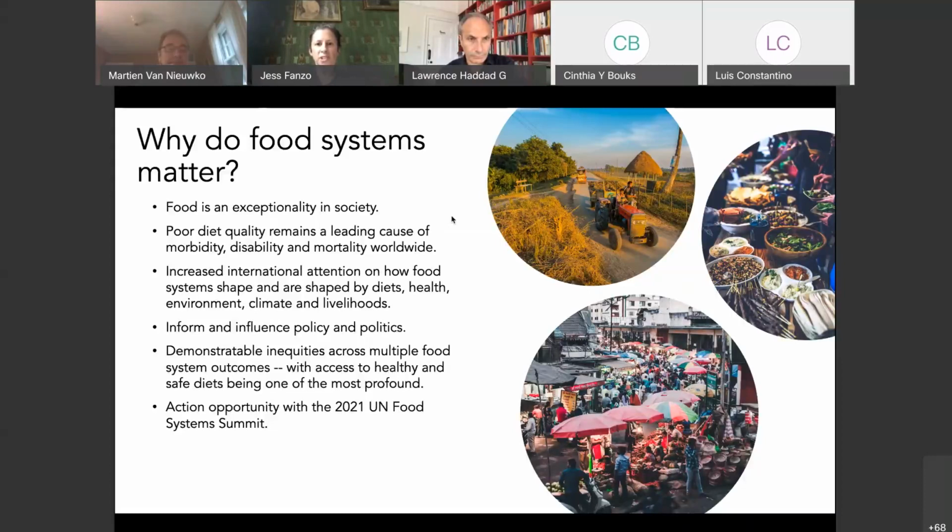But food systems are strained, they're challenged because of many different factors that are within food systems, but obviously external to food systems, like climate change, urbanization, migration issues. And poor diets that are born from food systems remain a leading cause of morbidity, mortality, and disability worldwide.